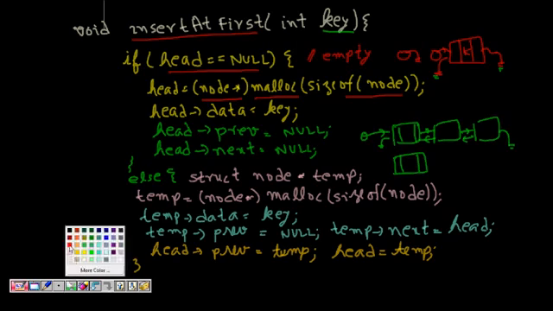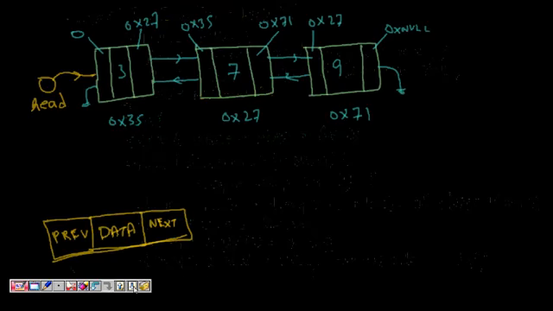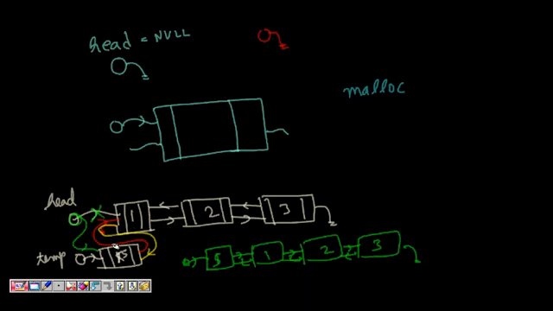Okay, and then what I did, temp data is key, so I filled that key, and then temp previous is null, temp next I made equal to head, and head previous I made equal to temp, and then head I made equal to this temp. Okay, so this means my linked list is now insert at first is done.